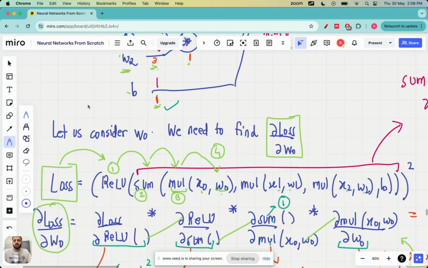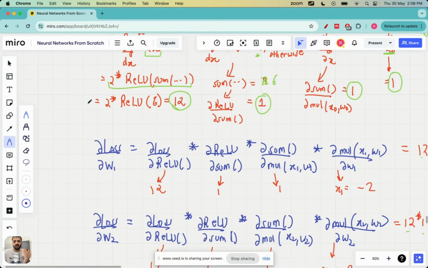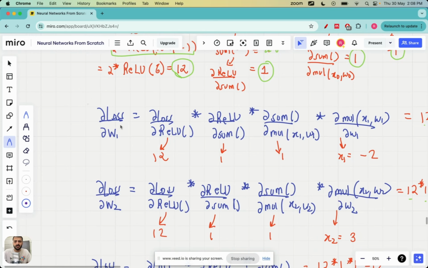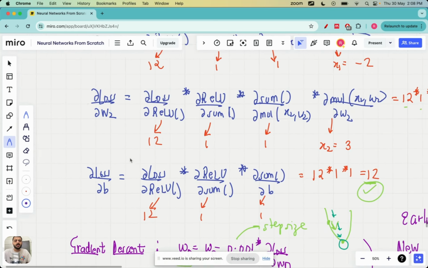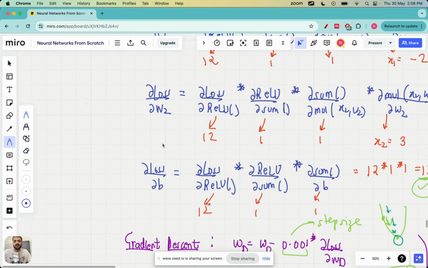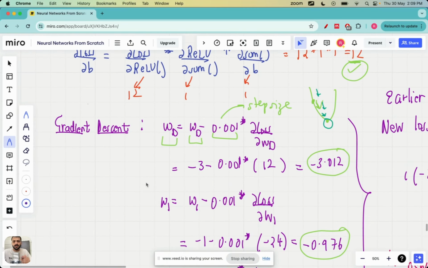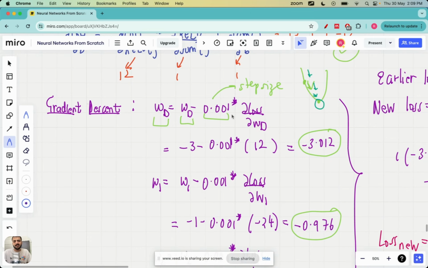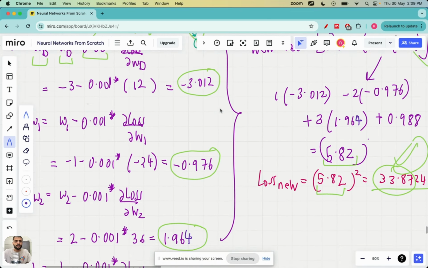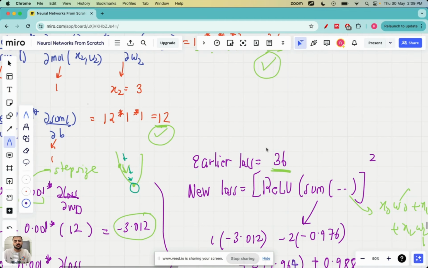We even saw how to do one pass of the backpropagation for each of the weights. So we calculated the gradient of loss with respect to W1, W2, W3 and W0. And we also calculated the gradient of loss with respect to B. Finally, we showed one iteration of gradient descent, and we showed that the new loss is 33.87, which is less than the earlier loss of 36.